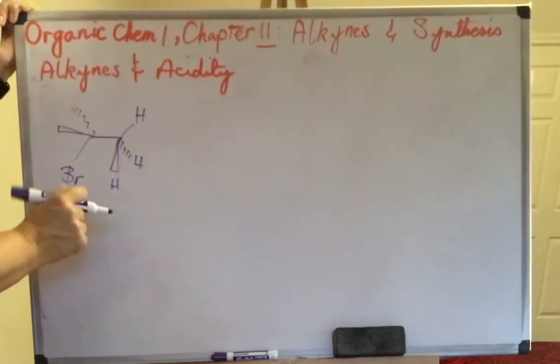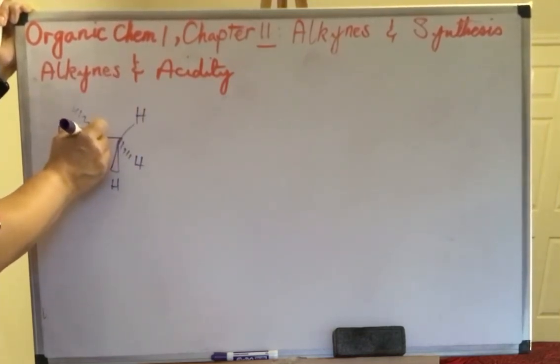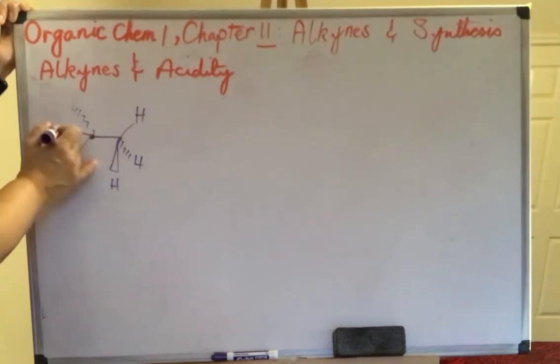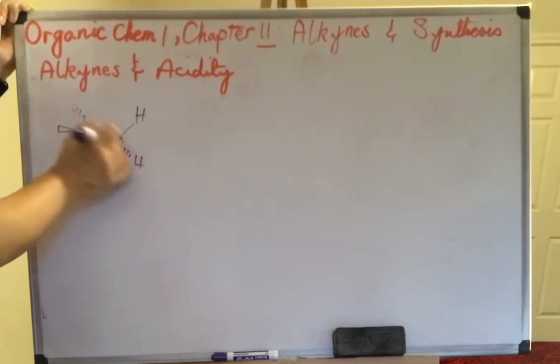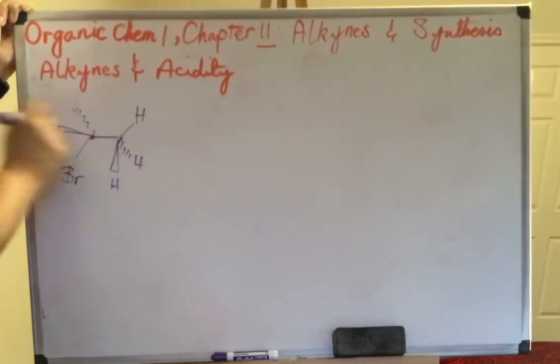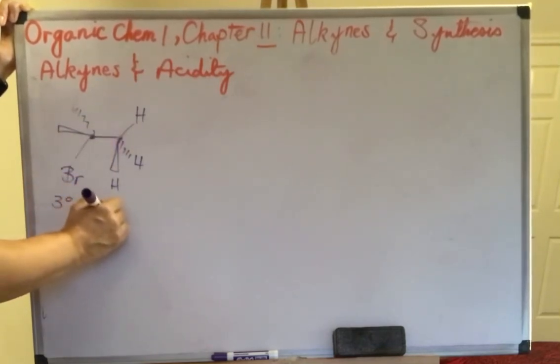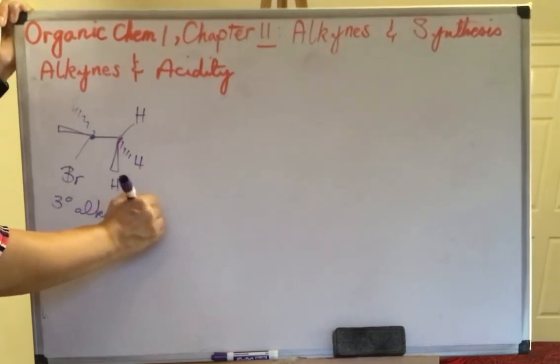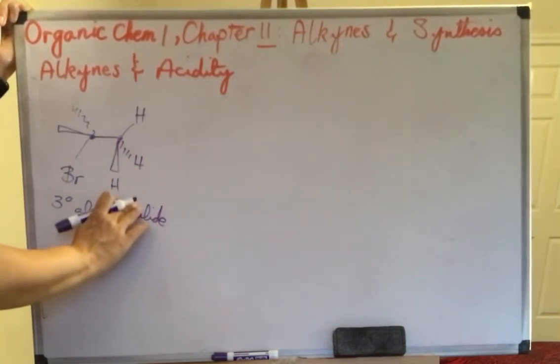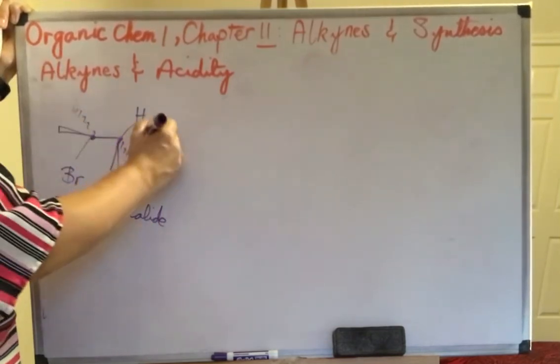What type of alkyl halide is it? This carbon carrying bromine is connected to 1, 2, 3. These two are both carbons, right? And this is a carbon. So this is a tertiary alkyl halide. So a tertiary alkyl halide is not good for an SN2 reaction, right?